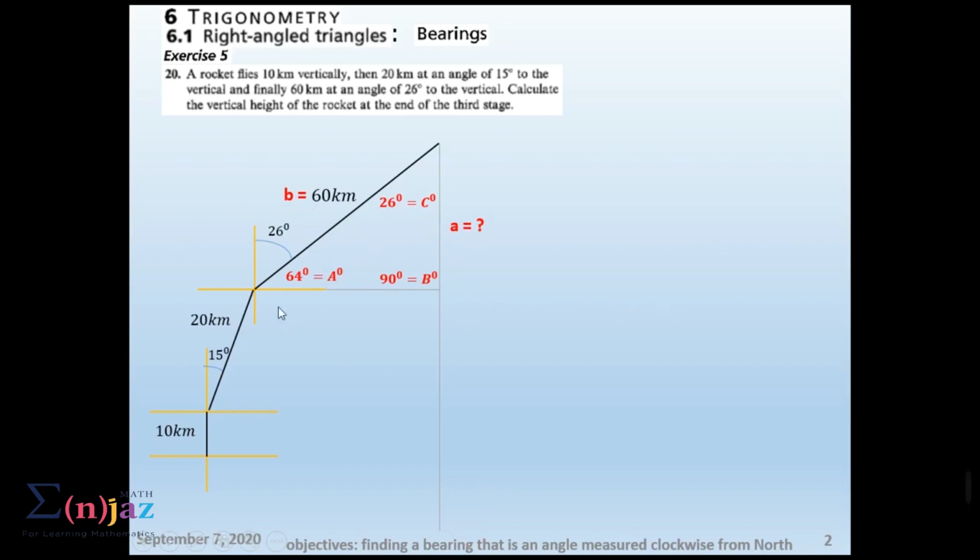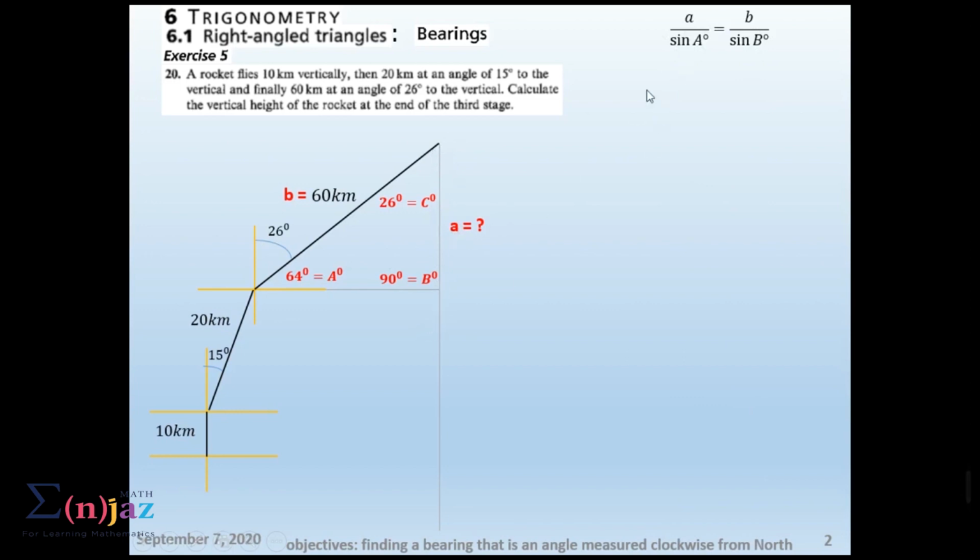Perfect. So I have the known angles, and I have only one side that is known, and I need to find this vertical side. So I'm going to use the sine rule to find the vertical side.